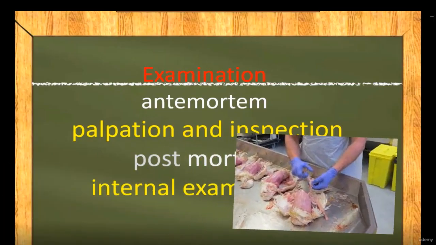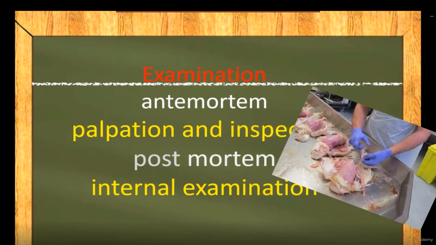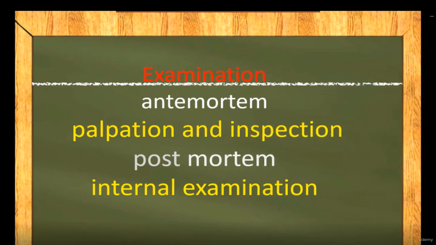After that, write all the antemortem findings, palpation, inspection, postmortem, and internal examination. In the PM lesion procedure, we explain step by step how to perform a post-mortem and how you can suspect a specific disease from the lesions you observe.